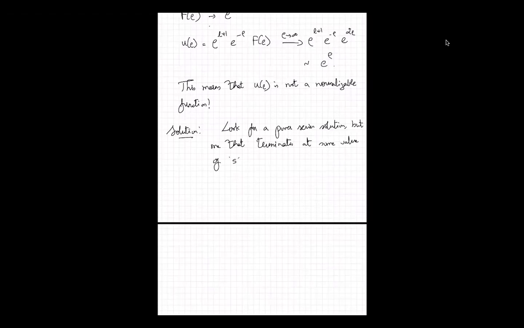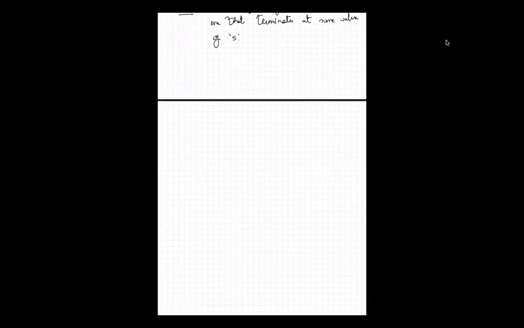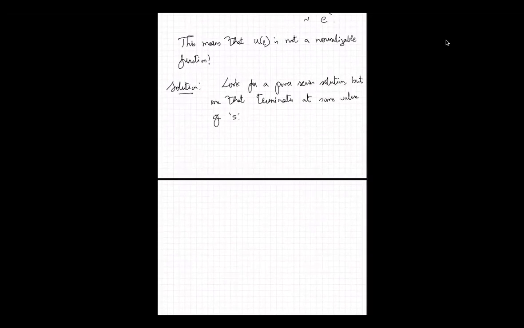I don't know what value of s. It can be as low or as high as it wants, but it has to terminate at some value of s. As long as I don't add up infinite terms, I will not recover the exponential series, because the exponential is strictly a sum of infinite powers, right? So if I stop at any finite power, I will not recover an exponential series. So I will hope that this truncated power series would give me a bound state solution for the hydrogen atom problem.